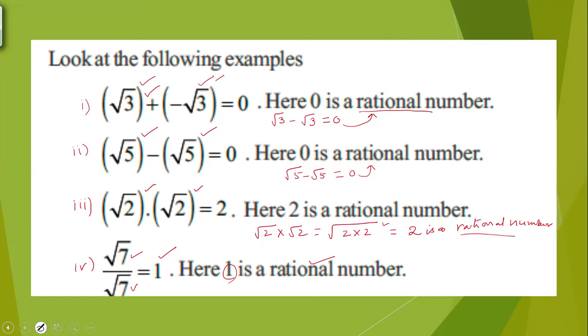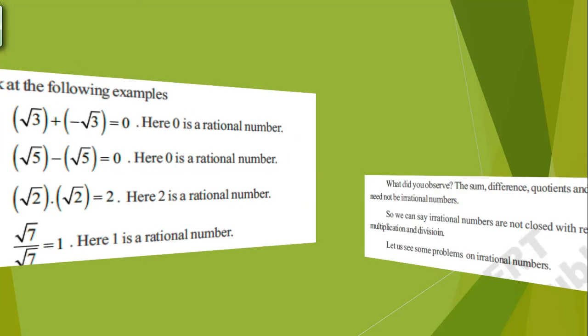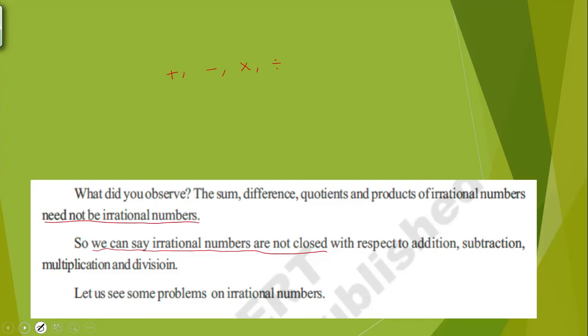The sum of two irrationals, the difference of two irrationals, the product of two irrationals, and the division of two irrationals need not be rational. This is one key observation about irrational numbers. We can say irrational numbers are not closed with respect to addition, subtraction, multiplication and division. This is the first point we learned today.